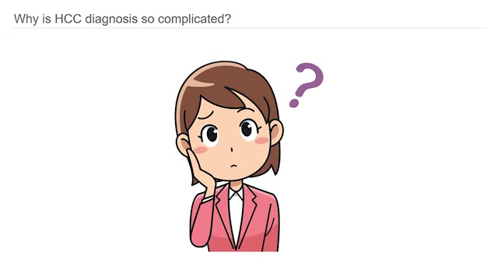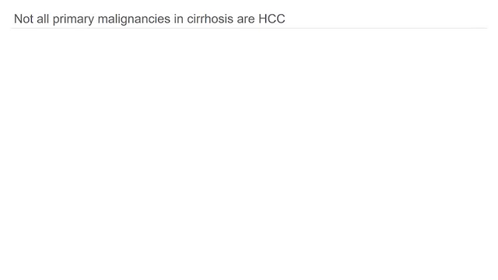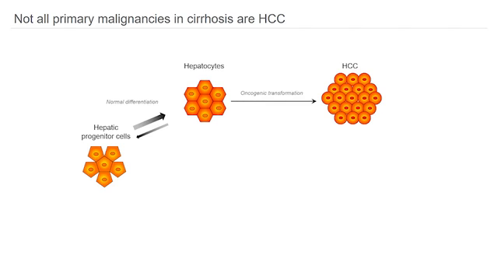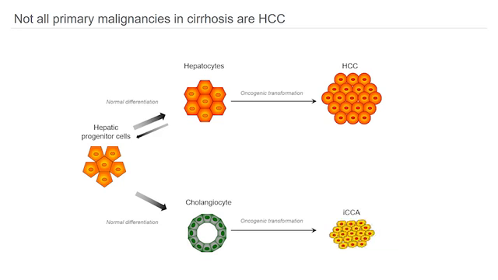So why is HCC diagnosis so complicated? Well, first thing we have to remember is not all primary malignancies in cirrhotic patients are HCCs. If we look at the hepatic progenitor cells, they can normally differentiate into hepatocytes, which then, through oncogenic transformation, form HCC. These same hepatic progenitor cells can normally differentiate into cholangiocytes, which then can, through oncogenic transformation, develop into intrahepatic cholangiocarcinoma.